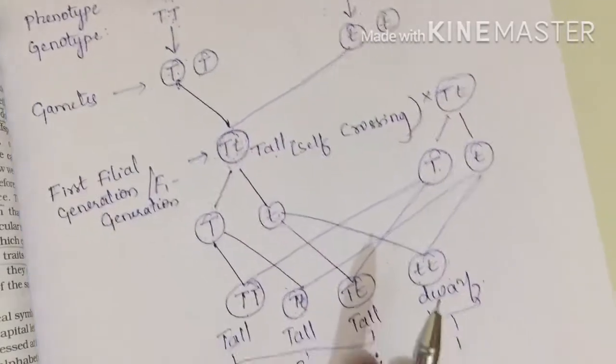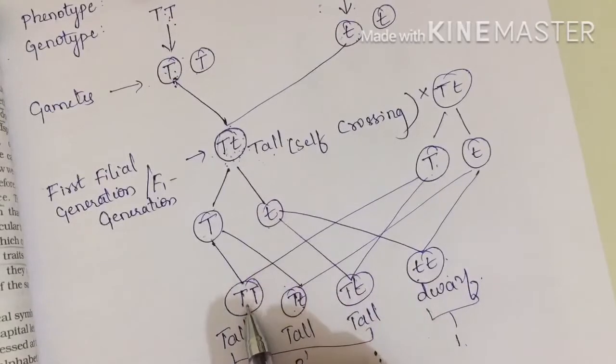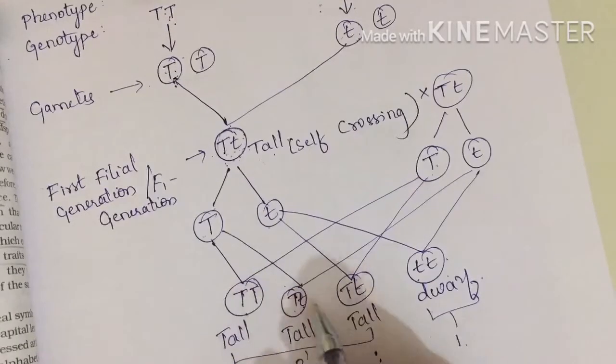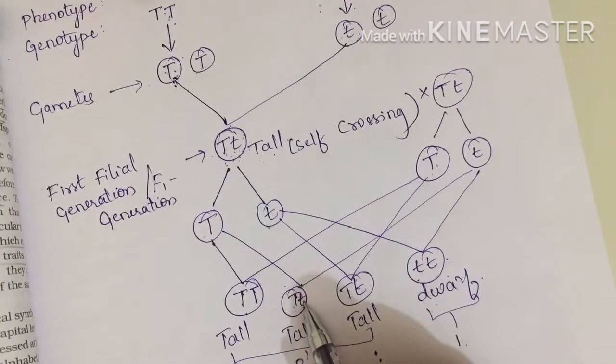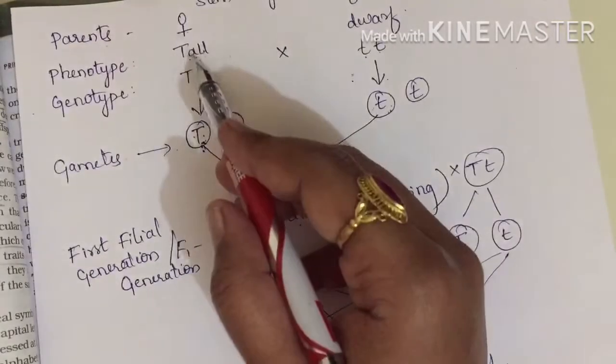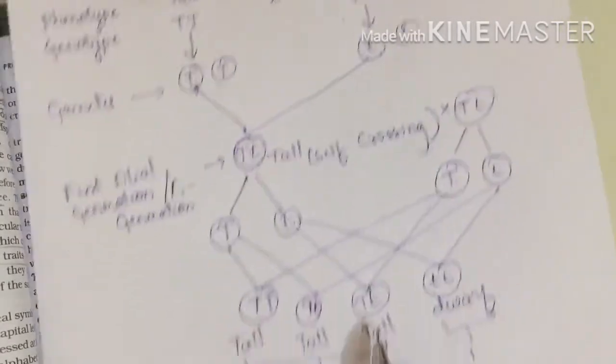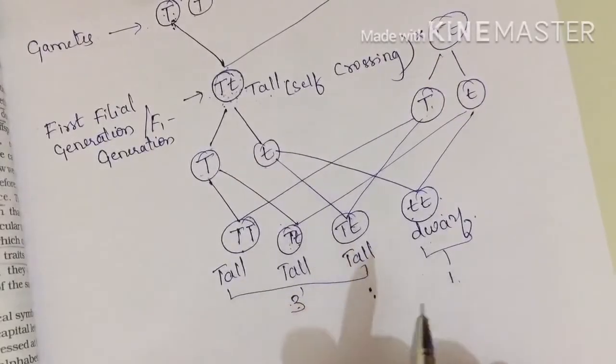Similarly, when both are capital, it will express as tall. When both are small, it is recessive, expressing as dwarf. If there is one capital and one small, which one will express? The capital letter will express, because capital is dominant. So we are using capital for the tall character, so it becomes tall. This is how you are going to write.